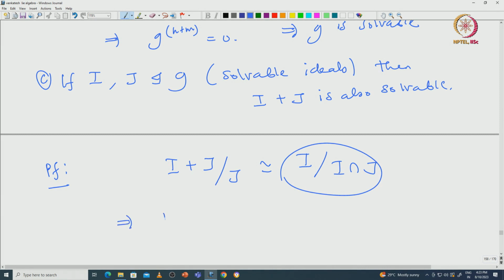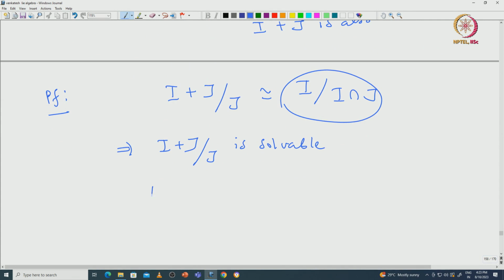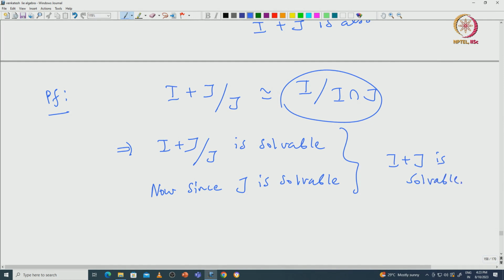So, this implies I plus J mod J is solvable. Now, since J is solvable, we get I plus J is solvable using the second statement of the proposition. So, this proves I plus J is solvable. So, that completes the proof.